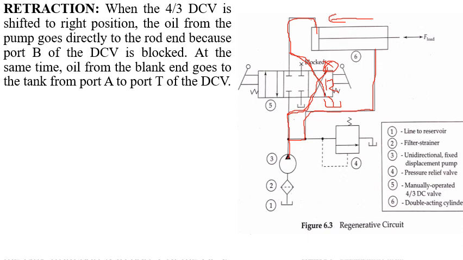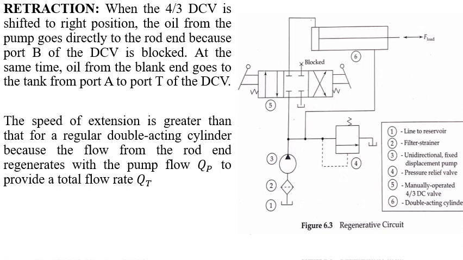At the same time, oil from the blank end goes to the tank from port A to port T of the direction control valve. This way the retraction happens. The speed of retraction does not differ from a regular double acting cylinder.